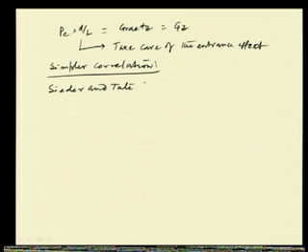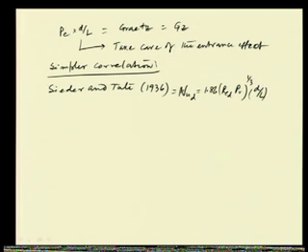In 1936, it is also called the Sieder-Tate equation. It is like this: Nusselt based on diameter is equal to 1.86 into Re_D into Prandtl to the power 1/3 into D by L to the power 1/3 into mu by mu_W to the power 0.14.